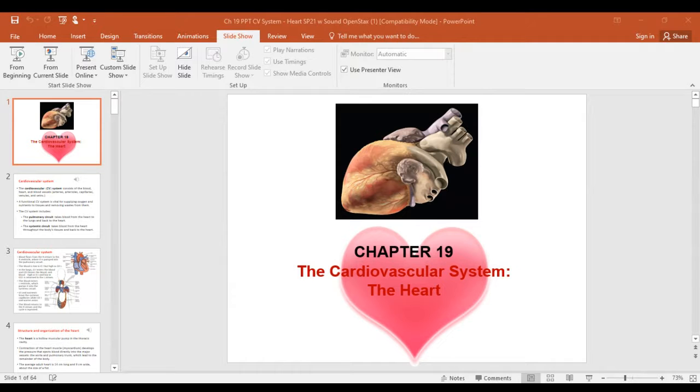Some people have leaky heart valves. They're supposed to close tight so the blood can't flow backwards. But a lot of people have valves that leak, and so their heart always has to be working extra hard to pump enough blood out of the heart because some of it is flowing back in.